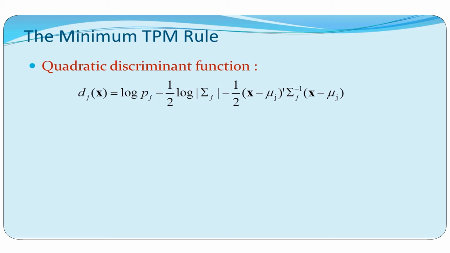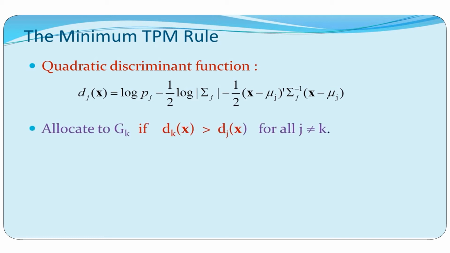We have discarded the constant term because it does not come into the rule, as it cancels out. You can see that this function is quadratic in x, and therefore we call it a quadratic discriminant function.